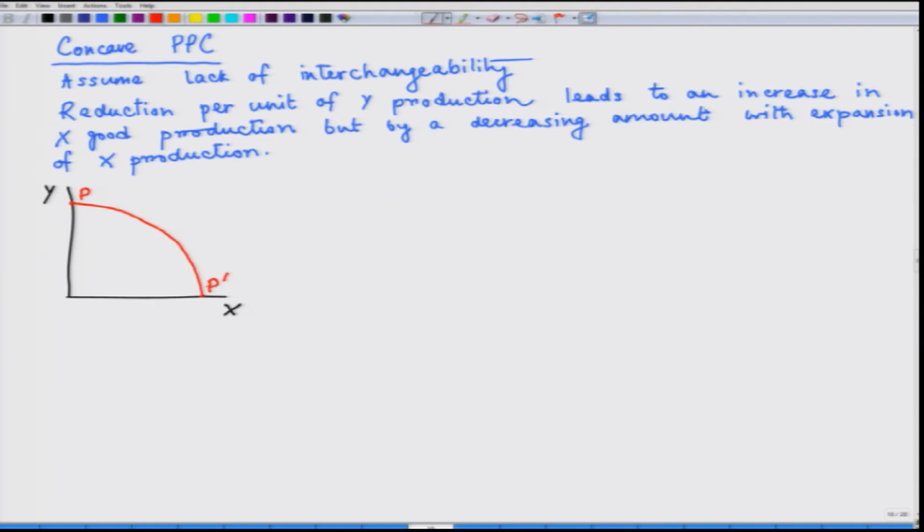and note that as we have written the implication of a concave PPC here, this has another implication, and this is known as increasing opportunity cost.